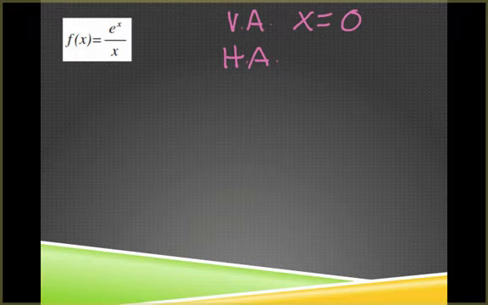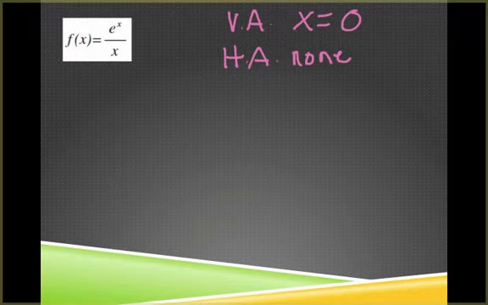But let's think about this for a moment. E to the x is going to grow much faster than y equals x. So the numerator is going to overtake the denominator, and so this is going to approach infinity. Well, when that happens, then we have no horizontal asymptote. So in this example, we have no horizontal asymptote.